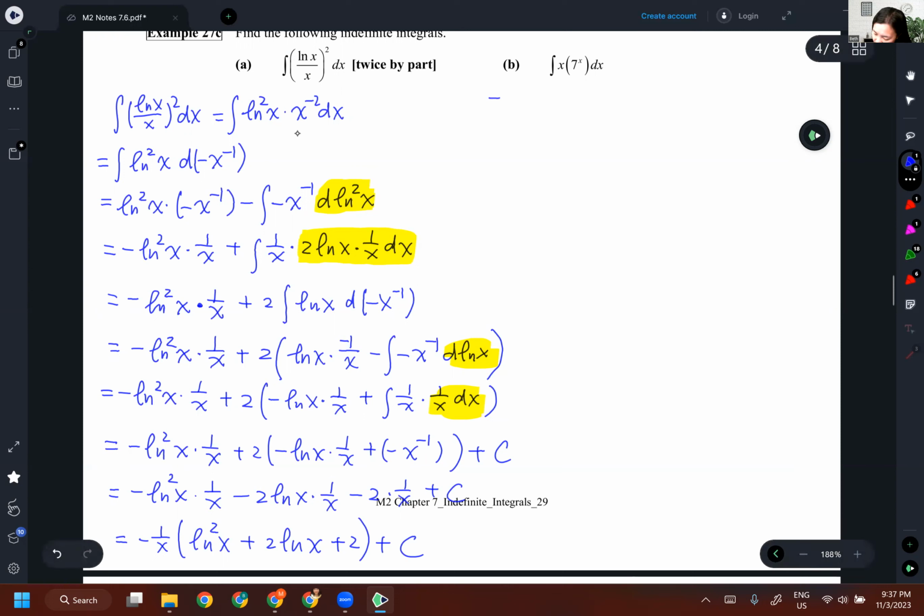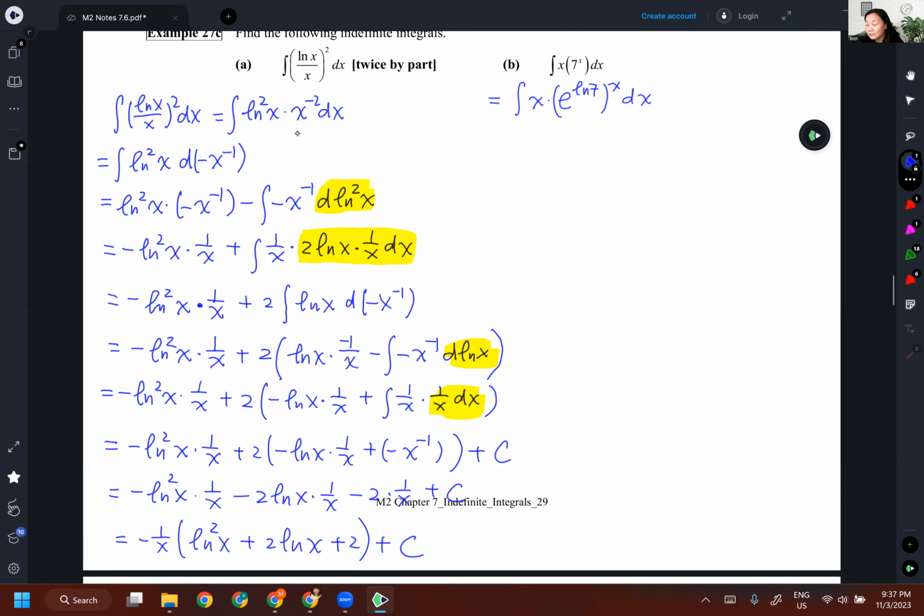When you have a different base, you must change it to the same base. You change 7 to e to the power log 7.